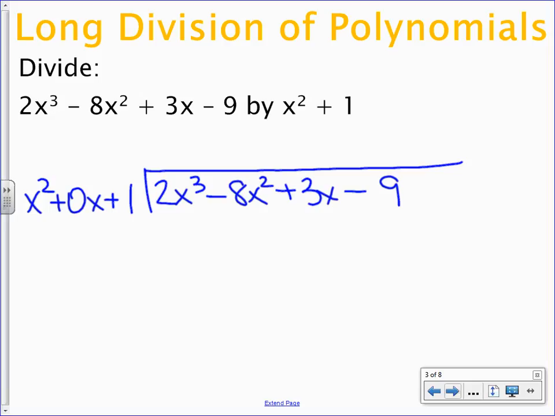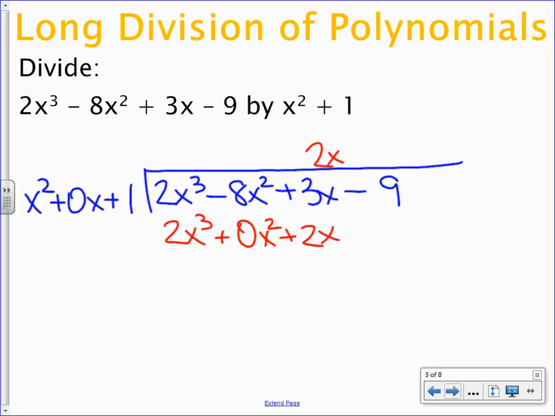So here we go. x squared goes into 2x cubed how many times? 2x. Now we take our divisor times 2x. So x squared times 2x is 2x cubed, 0x times 2x, and 1 times 2x.